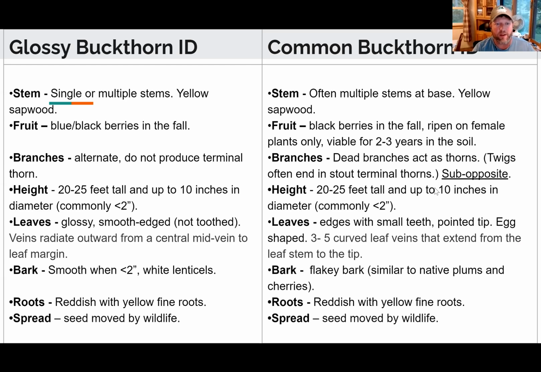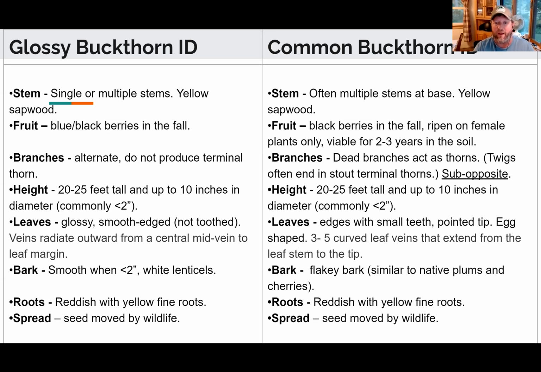So the branching on glossy buckthorn is alternate, and I'll point this out on the next slide. Oh, I don't even know if I can. I probably can't see my cursor, but you can point it out, Corey. Alternate, and they don't produce a terminal thorn, whereas with common buckthorn, the dead branches act as thorns, and the twigs often end in a stout terminal thorn. And it feels like a thorn. It's not sort of thorny on common buckthorn.